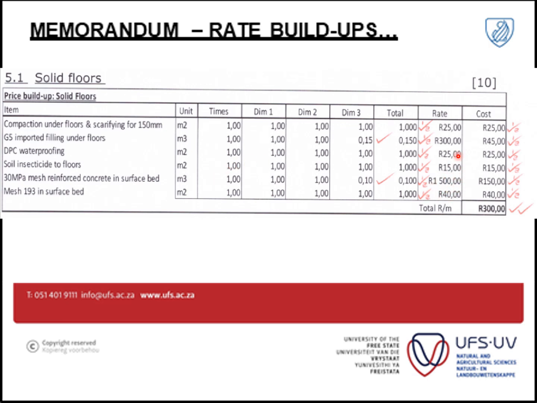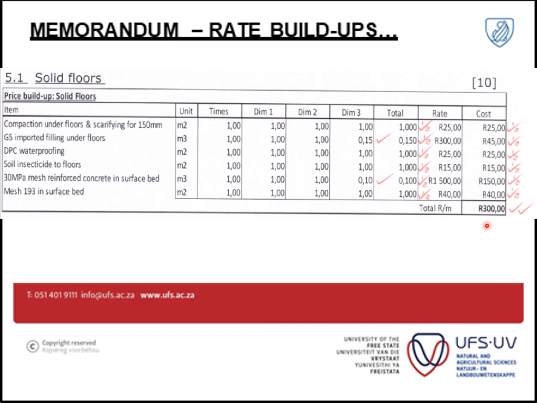The main thing here is to get the relevant rates that you need to apply. The G5 is only one layer, so it's 0.5, 0.5, and 0.15 meters high. And then our concrete is 100 millimeters thick, so for a square meter everything is just 1 times 1 times 0.1, which gives us a factor of 0.1 times our concrete rate in this case.